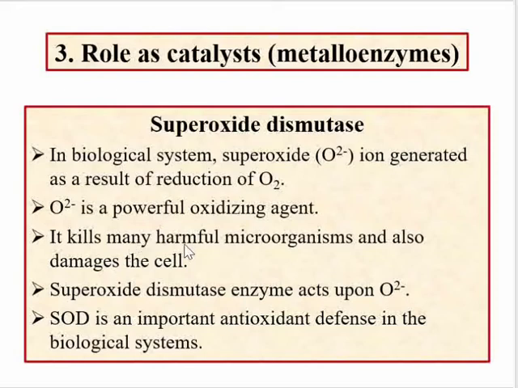So it protects us, but in higher amounts it damages the cell. Due to the cell damage, the superoxide should be removed. It is removed by the superoxide dismutase enzyme in our biological system.